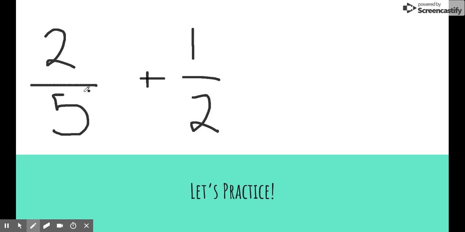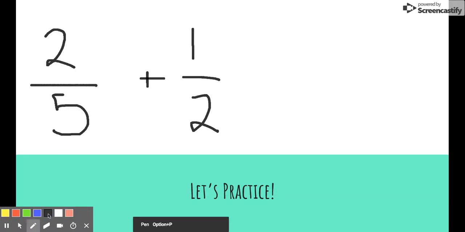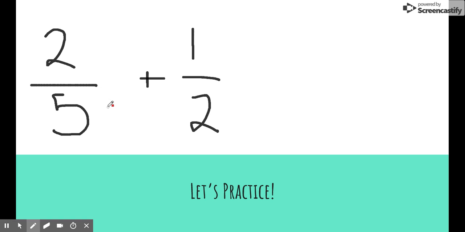We need to start by finding a common multiple. If we multiply them together, 5 times 2 equals 10, which means our common multiple can be 10. So we can do 5 times 2 to get 10.